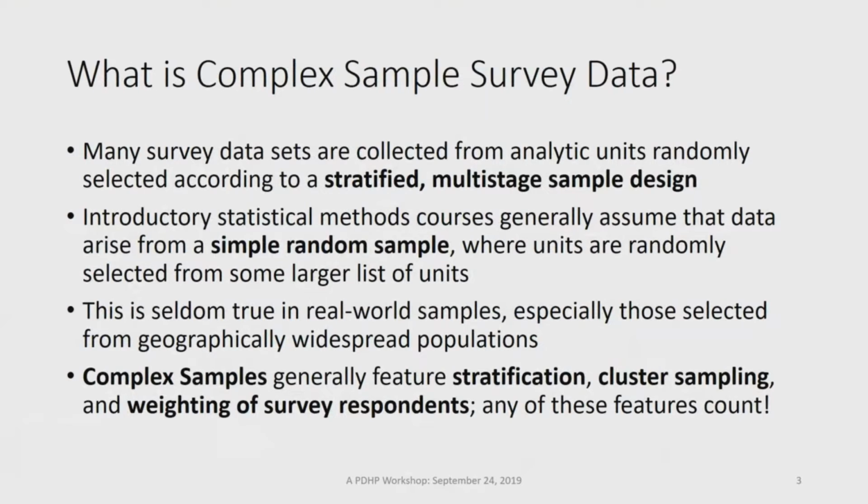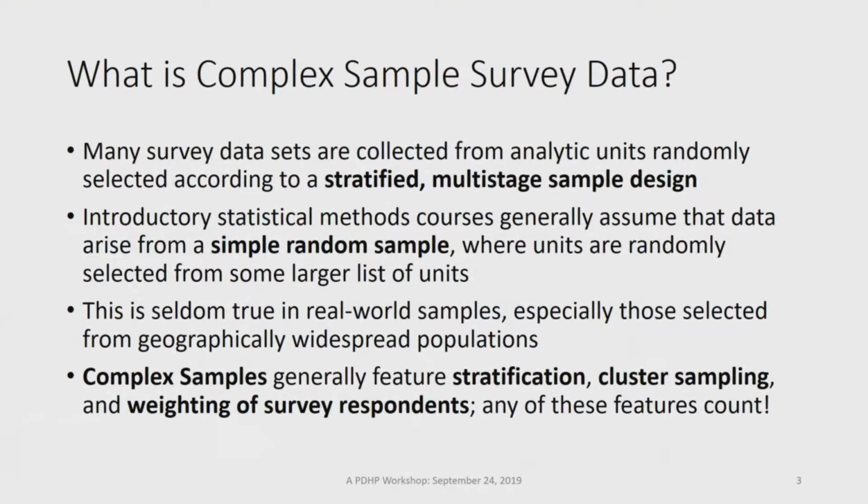But when we talk about whether or not we have a complex sample in hand, any of these three features count. So if the sample design purely involves stratification and no other sampling like cluster sampling or anything else, that's a complex sample because it's deviating from a simple random sample. If your sample design involved cluster sampling, you selected clusters of units like hospitals or neighborhoods or census blocks or whatever the case may be, that's a complex sample, even if they weren't stratified in some way.